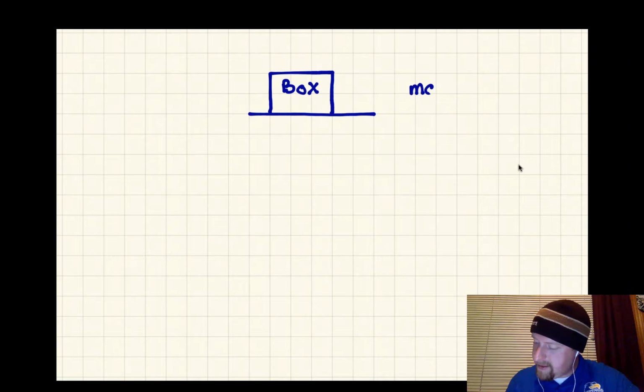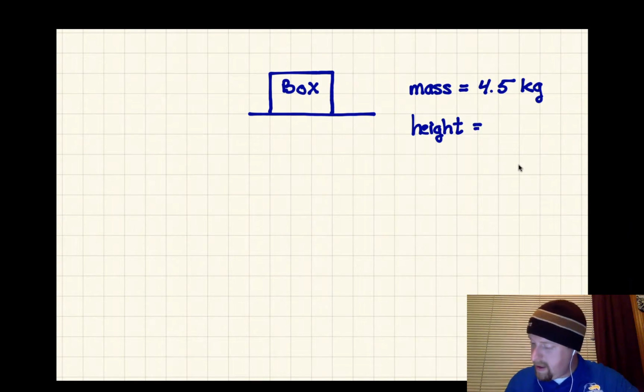By weight, I mean it doesn't have a great amount of mass. The mass is equal to 4.5 kilograms. But the height off the ground is at least 3.2 meters.